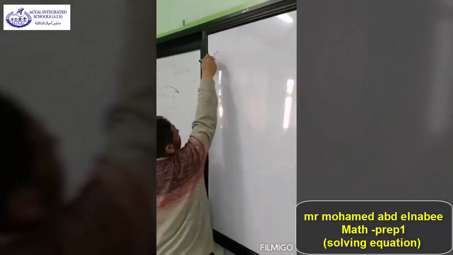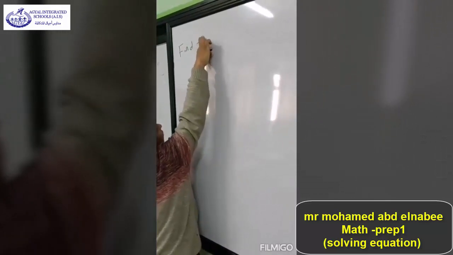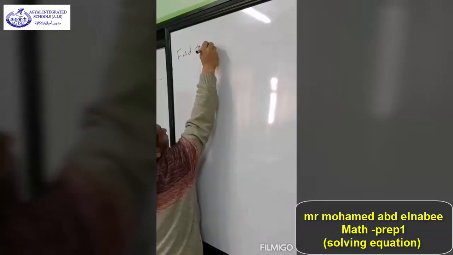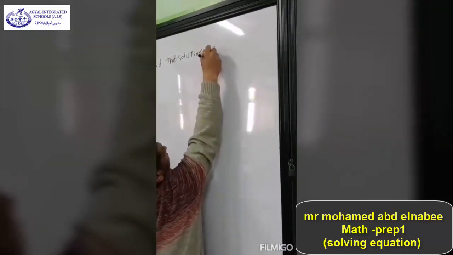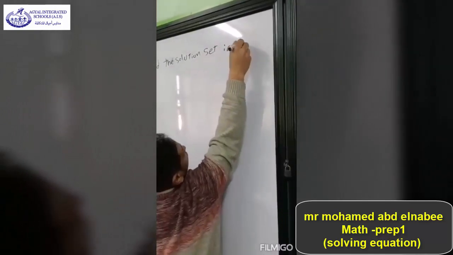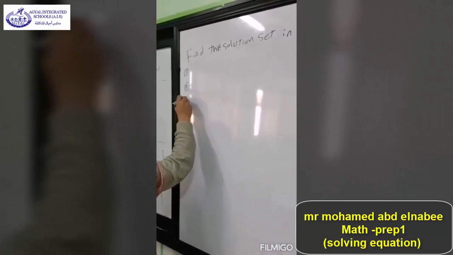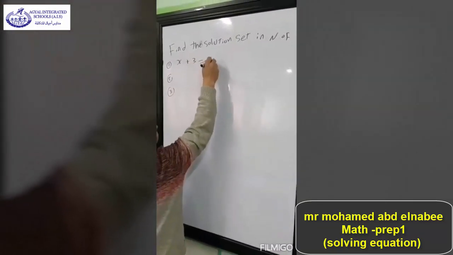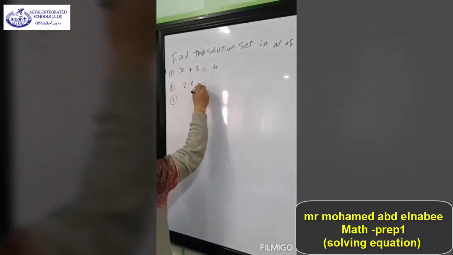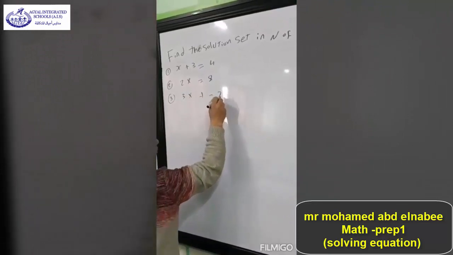For example, if we say find the solution set in N of x plus 3 equal 4, 2x equal 8, 3x minus 1 equal 7.